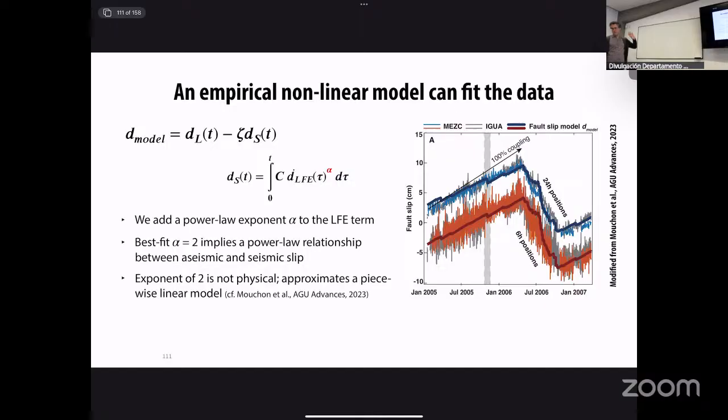In the paper, and I won't get into this here, we go into how we think that this power law exponent of 2 that fits the data well is actually an approximation of 2 linear scalings, and that the scaling before the slow slip event and during the slow slip event is different.